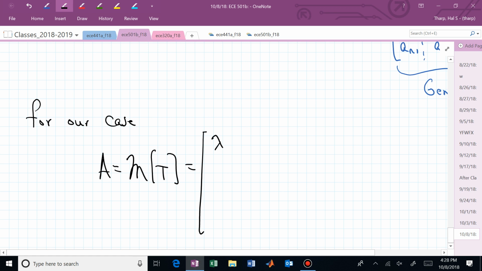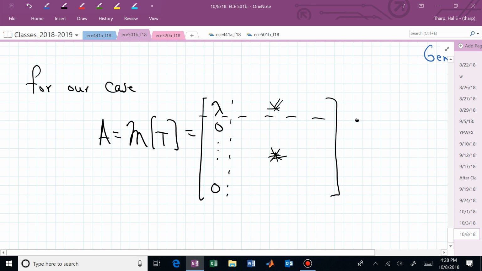That's just lambda, and then we have zeros scaling all of the other vectors, because V is an eigenvector of the linear operator T. And then over here, we don't care, and we don't care here either. But we definitely have that structure that we were after.